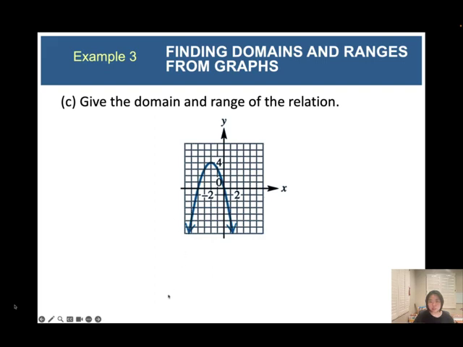So this guy's going to keep going. So the x is going to be from negative infinity to positive infinity. And how about the range? The possible values from this graph is going to keep going down. So the highest point will be the 4 here. And then this guy, you can keep going down. So that'll be from negative infinity until +4.